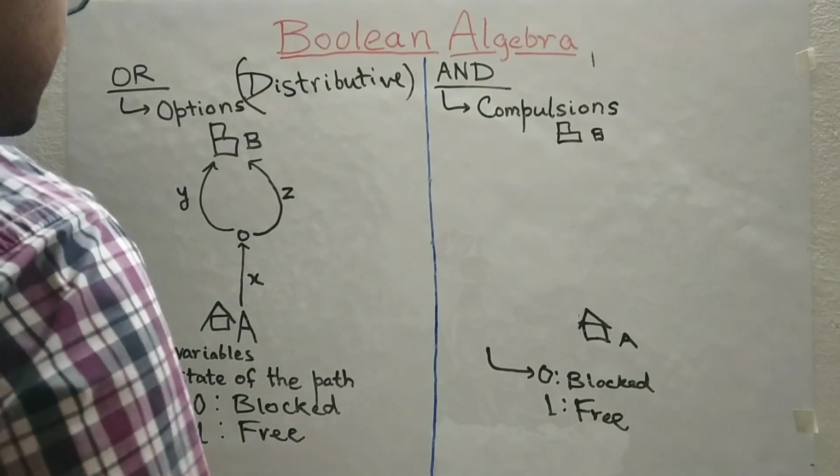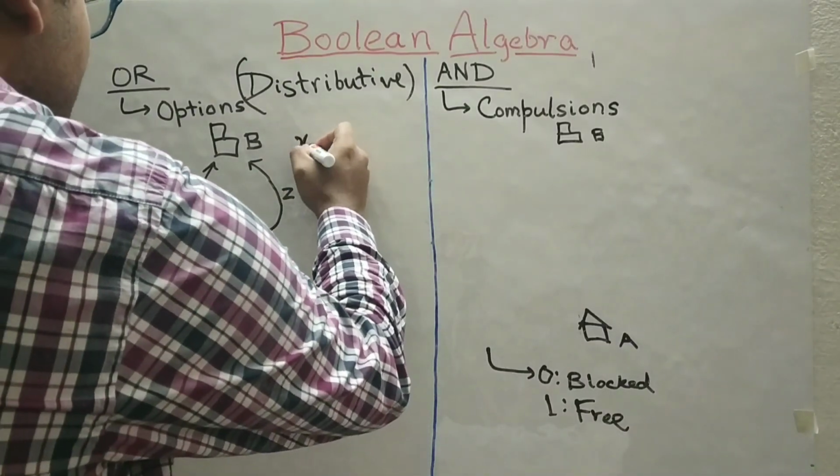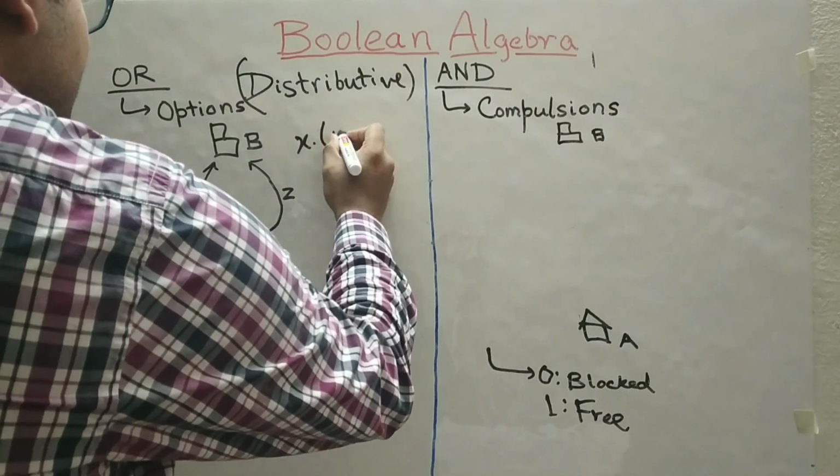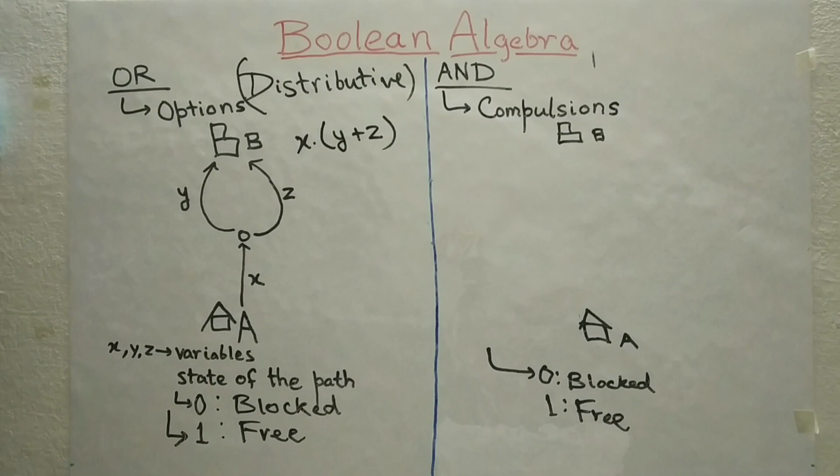So this means X is compulsory and Y and Z are optional. X and Y or Z. This means this, right?